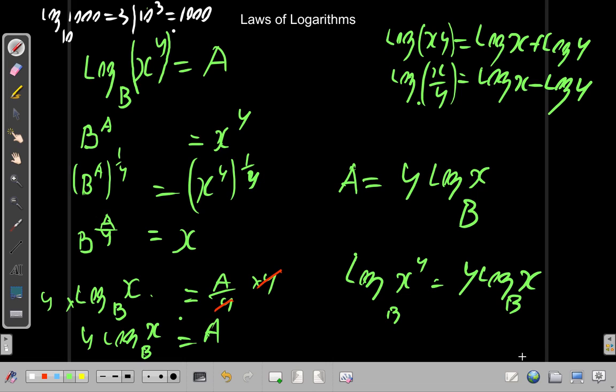Oh, it does work. So this is the third law of logarithms that we're looking at. So let's write it up here. If you have the log of x raised to the power of y, that is equal to y log x. Alright, so there are the 3 laws of logarithms which we have formulated. I'll see you in the next video.